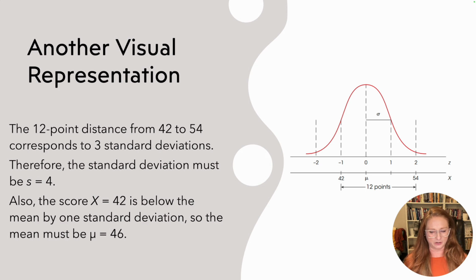So this looks a little bit different, right? Now I'm starting at -1, or z equals -1. What's my standard deviation? Take a look. Can you see it? It's 4. It's not -4. It's just 4.